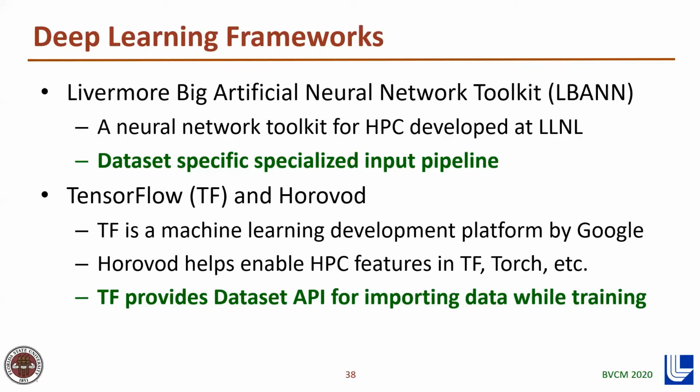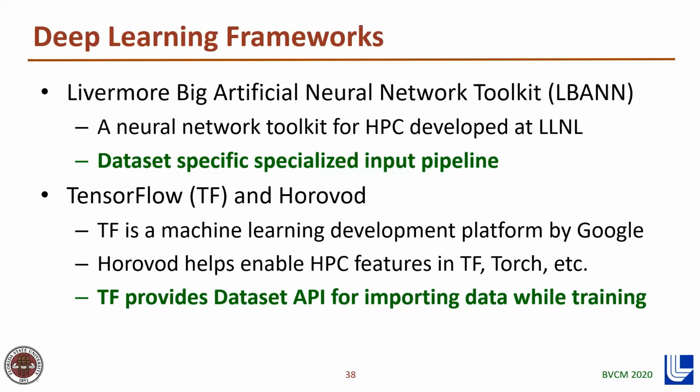This is a neural network toolkit especially designed for HPC. And for the context of our project, the important information here is that in the case of LBANN, we have a dataset-specific specialized input pipeline. For example, in the LBANN code base, we have a class that handles the ImageNet dataset and so on.